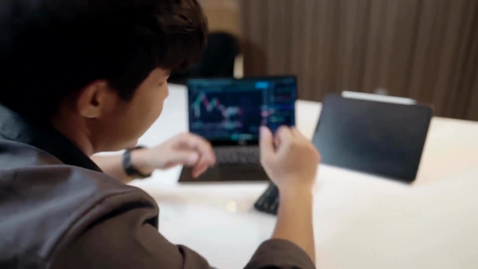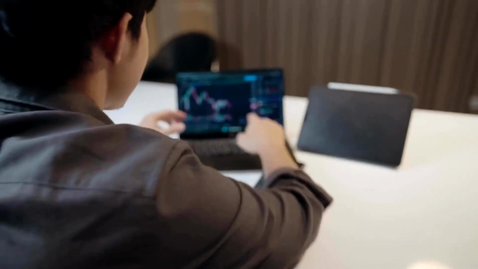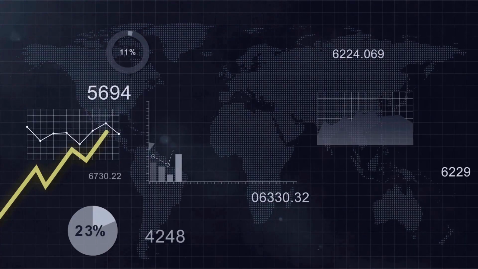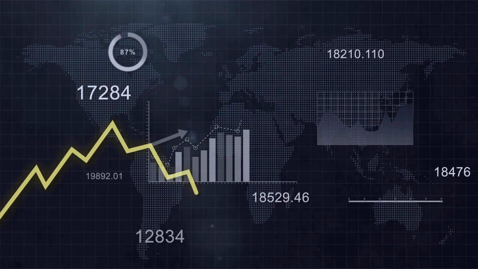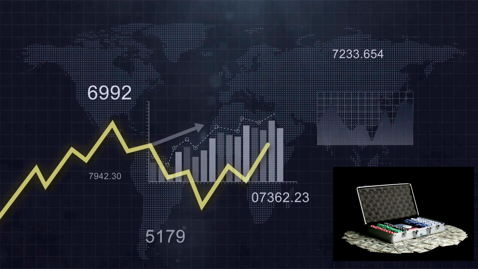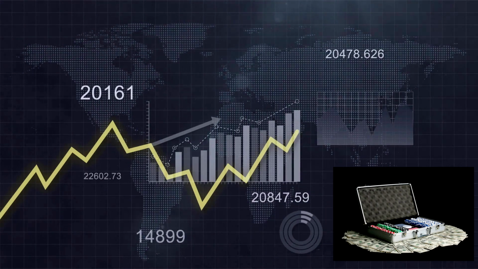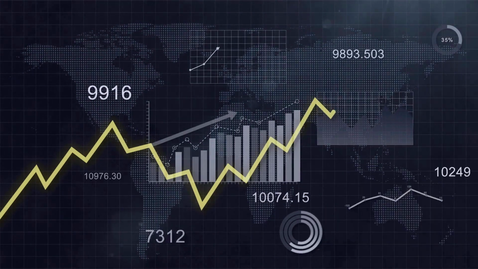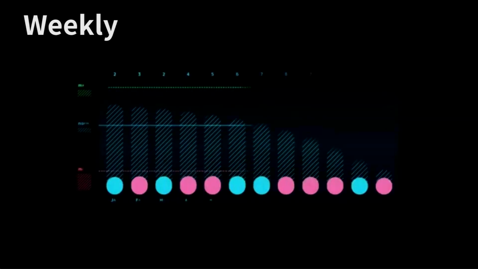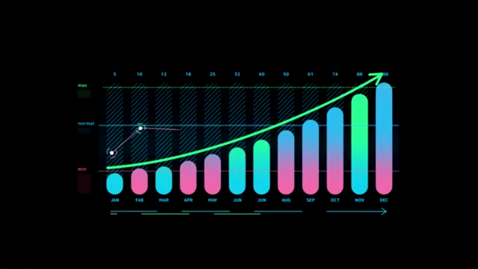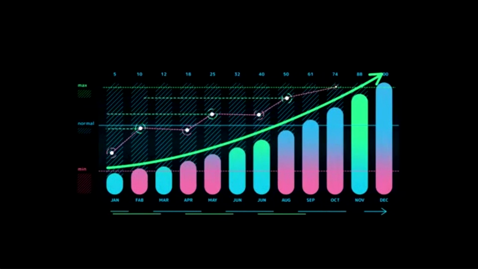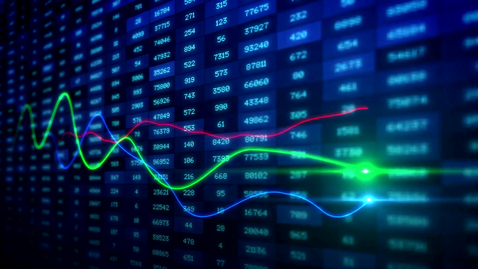Here, the investor looks to mitigate the effect of price volatility by spreading purchases across predefined intervals. Instead of investing a lump sum in a certain asset class, the investor chooses to invest a fixed amount on a weekly, monthly, or bi-weekly basis. This is done regardless of the changes in the prices.